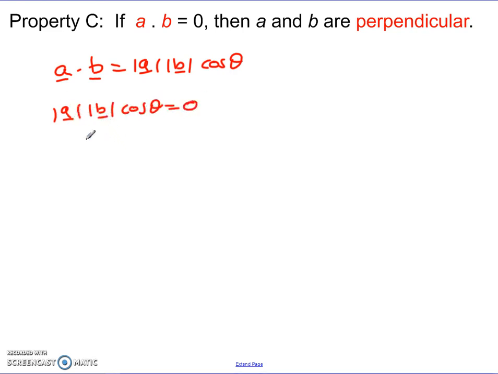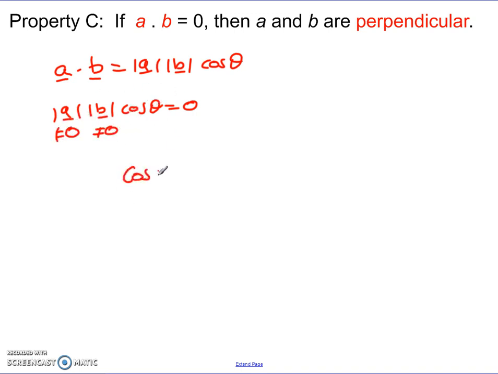Now this occurs in one of three ways: the magnitude of A is 0, the magnitude of B is 0, or cos theta is 0. But A and B are vectors, they will have some form of a size, even if that size is 1 or a fraction smaller than 1. So neither of these two can equal 0, so it has to come from the cos theta part.